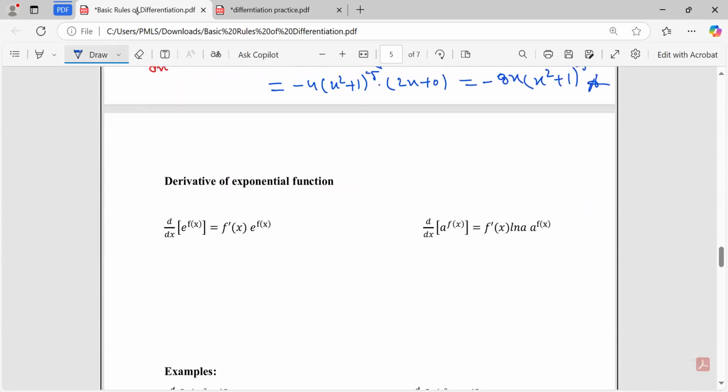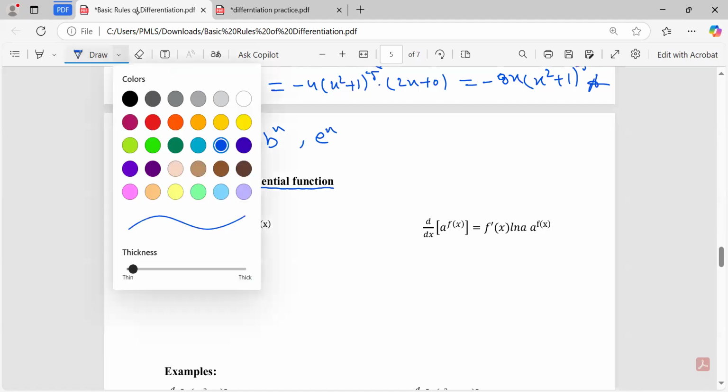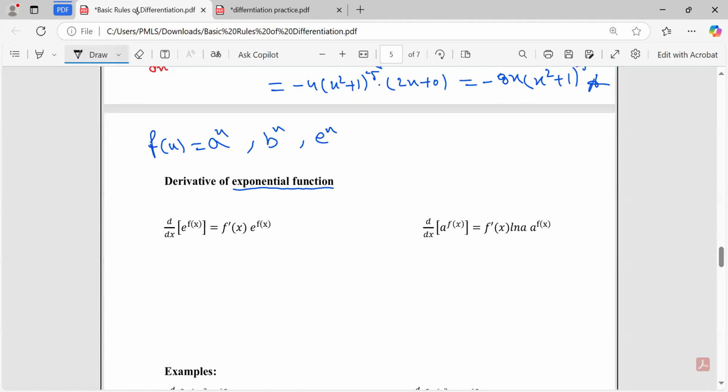In the same way, what we have done so far is all about algebraic functions, right? But we have some other types of functions, like exponential functions. We know that this is a function something like a raised to power x, or b raised to power x, or e raised to power x, a function in which the power appears as a variable.